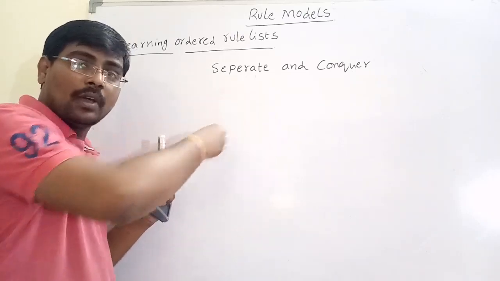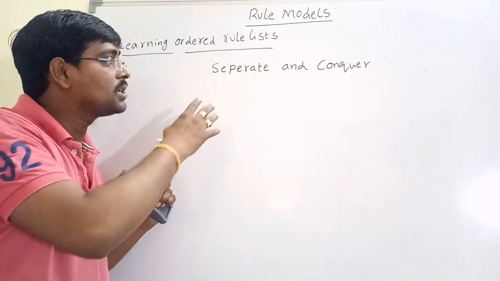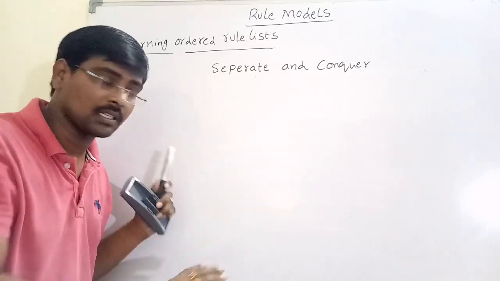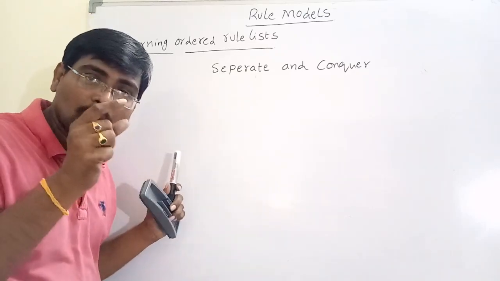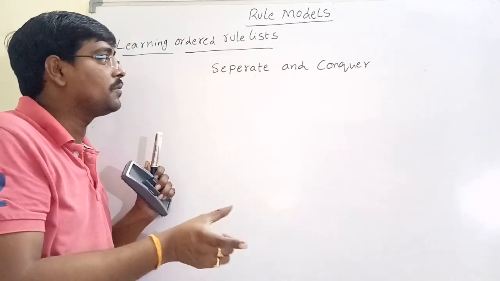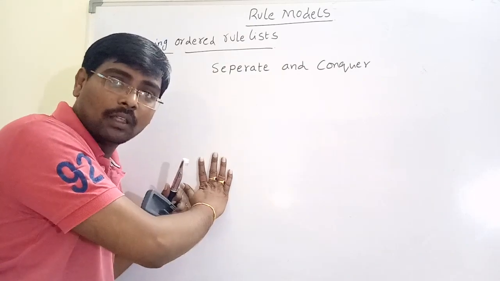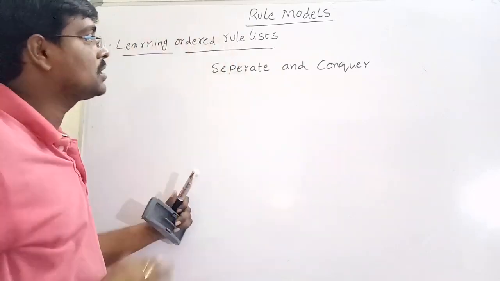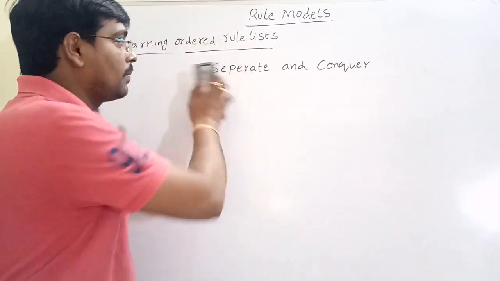So step by step we are eliminating the instances. Finally we get one set of instances that satisfies all the rules. That means this follows separate and conquer.